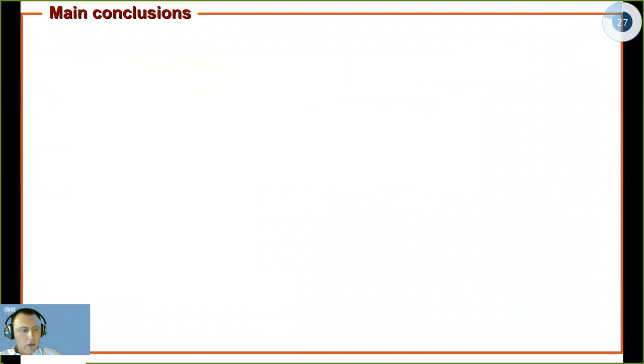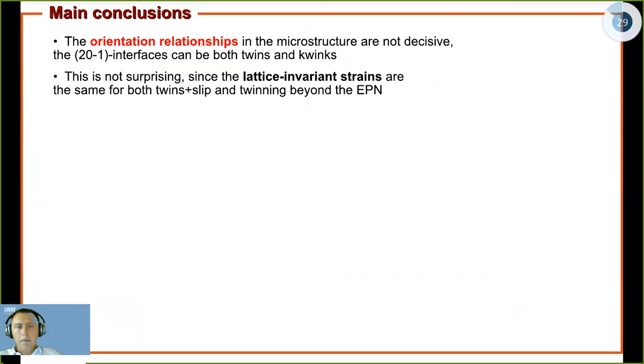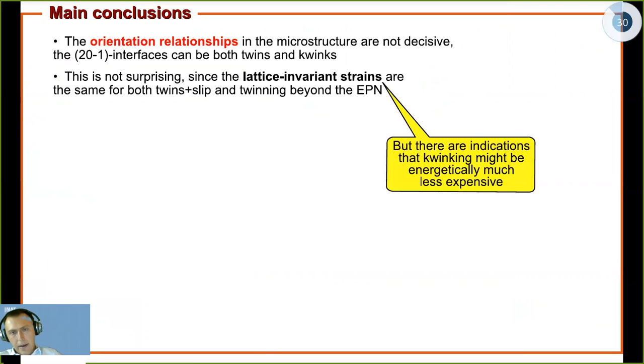So now to some conclusions. In fact, the orientation relationships cannot tell us whether the 2O-1 interfaces are twins or kwinks. They bring the same lattice invariant strains. On the other hand, there are some indications that kwinking might be less energetically expensive.